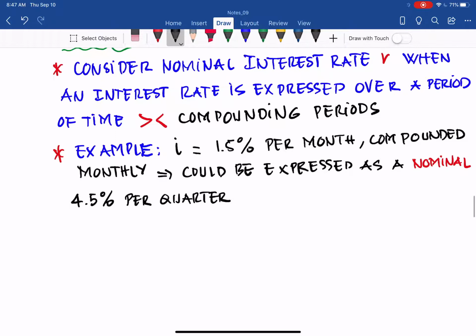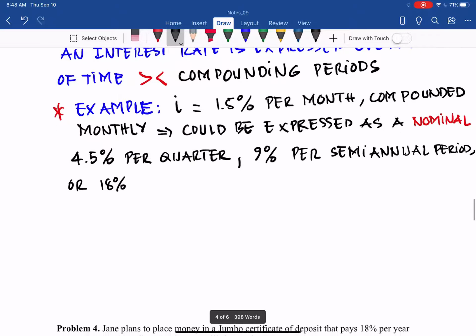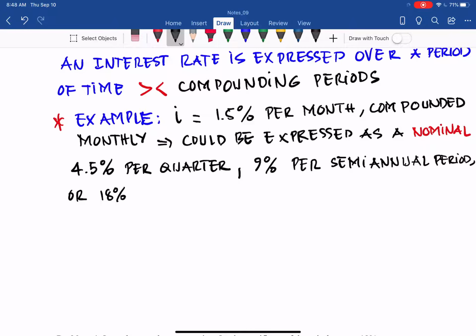Or it can be expressed as 9% per half year, or per semi-annual period. Or it can be a nominal 18% per year.